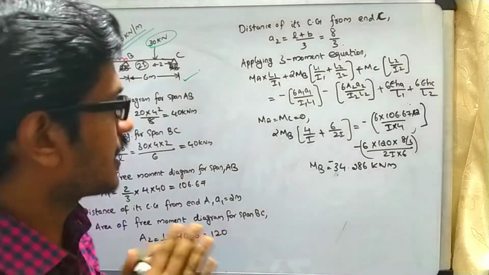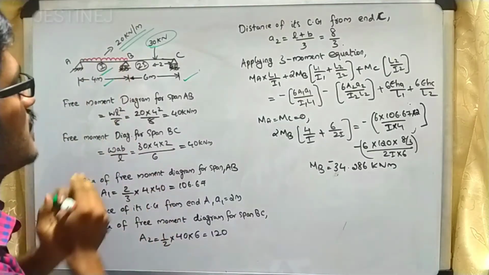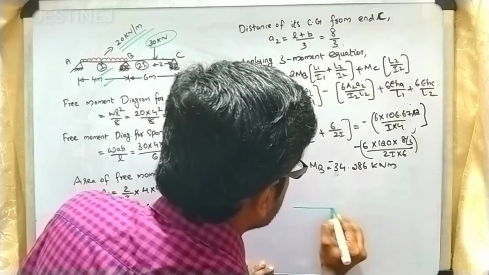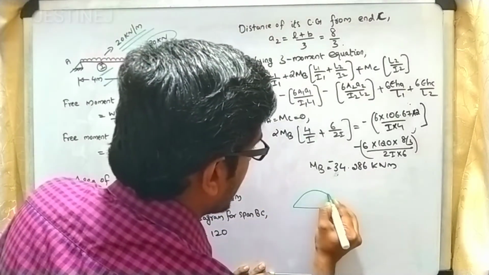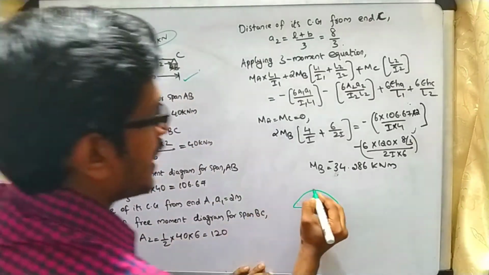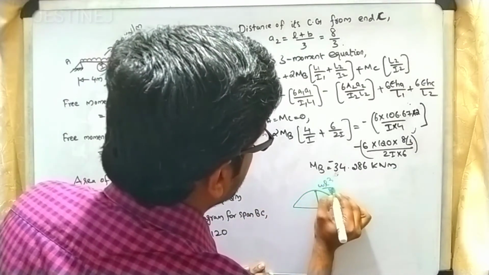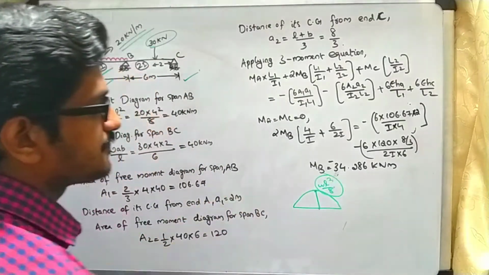Our first aim is to draw the free moment diagram. In this case, a UDL acts on the first part and a point load on the second part. For a simply supported beam with a UDL, the diagram will be parabolic and its magnitude will be WL square by 8. You have to calculate the value of this ordinate.